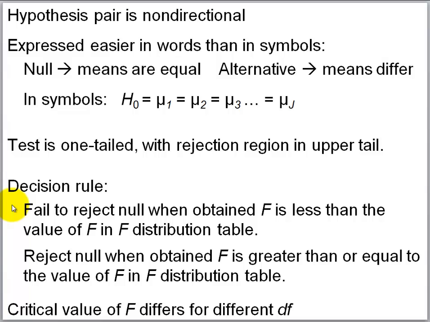You reject the null when the obtained F, that is the F that you calculate, is greater than the F in the table. And the critical values of F, the values of F that will result in rejection, differ for different F distributions. They differ for differing degrees of freedom.